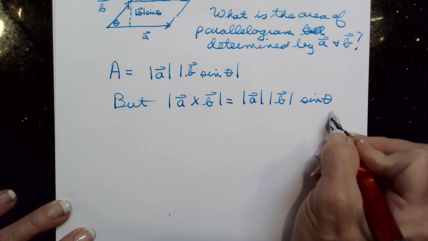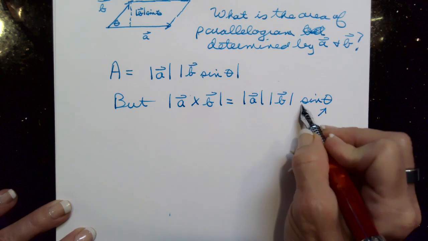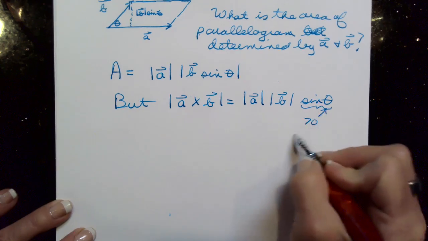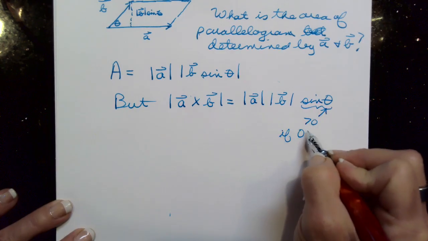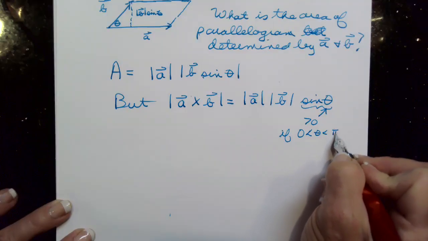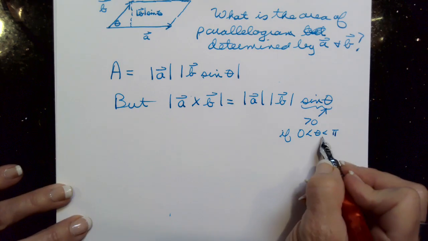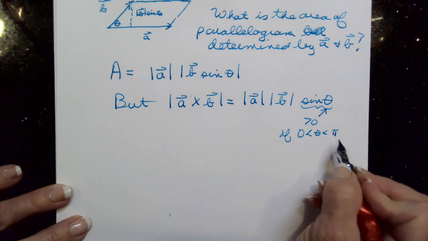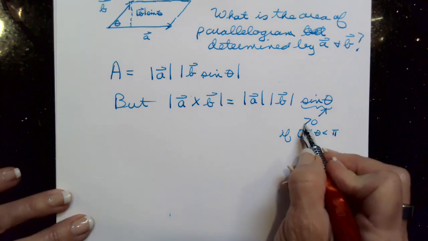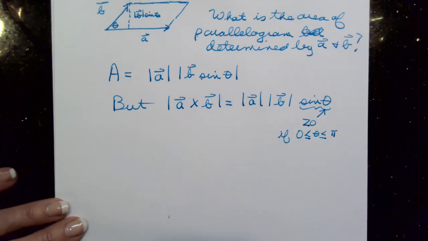And that's an acute angle. So sine of theta is greater than 0 as long as theta is less than pi. Actually it's true if it's equal to 0, sorry, so it's greater than or equal to 0 if you put equality here. So we don't need the absolute value signs there.